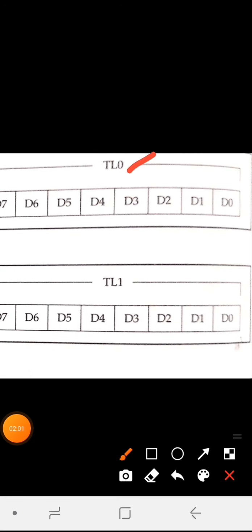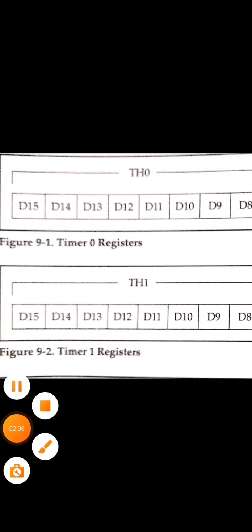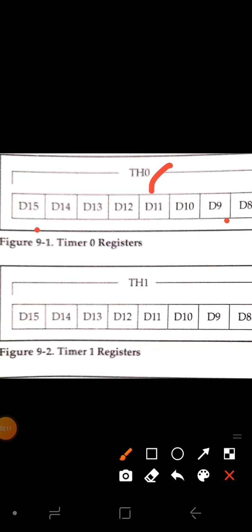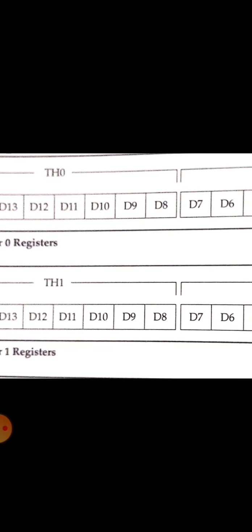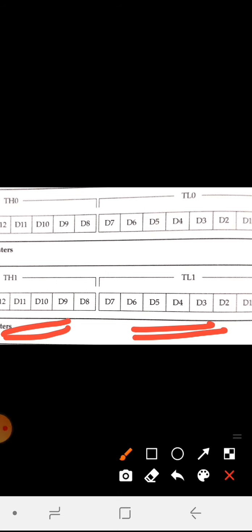So here we have timer 0 lower byte and timer 0 higher byte. Similarly, we have the same classification for timer 1 as TH1 and TL1. This one stores the lower byte and this one stores the higher byte of information.